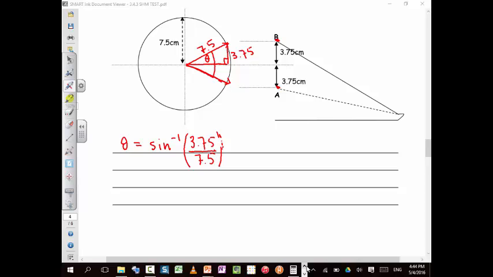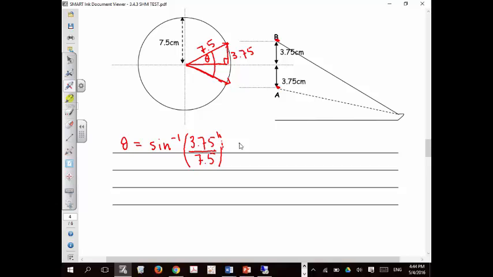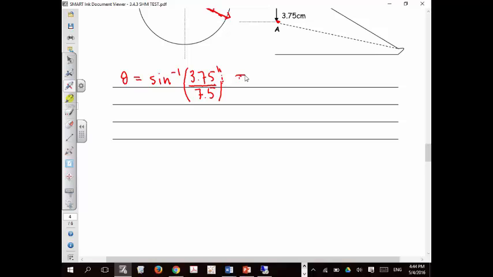So we go open bracket 3.75 divided by 7.5, 0.5, close bracket, and then we want the inverse sine, and that gives us 30 degrees.